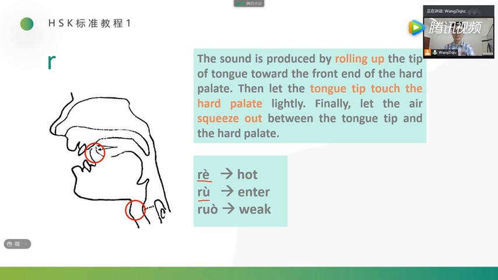It means enter. 弱. It means weak. You can practice these 3 syllables. Through these 3 syllables, you can practice it. Okay.